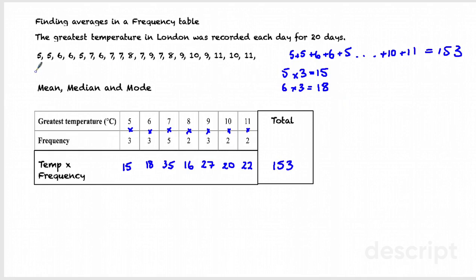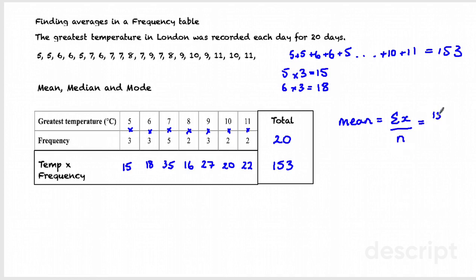Now I need to divide it by the number of data. Now I can count 1, 2, 3, 4, 5, but I can also add my frequencies. Remember, frequency was how many. I can also read my question. It told me I had 20 days. So this total here is 20 pieces of data. So to calculate the mean, I will do the sum of all my x's divided by how many data there were.